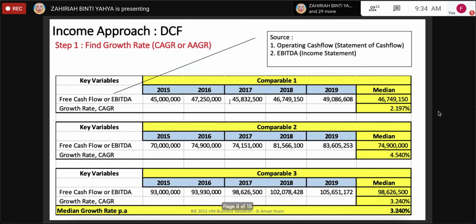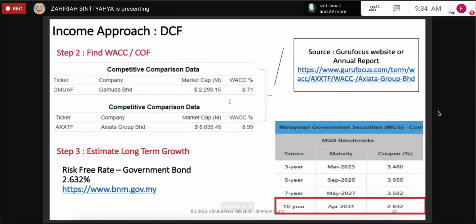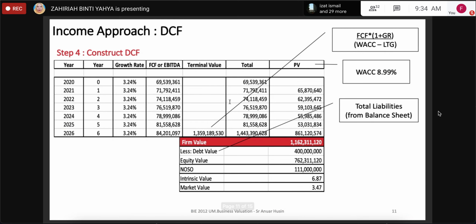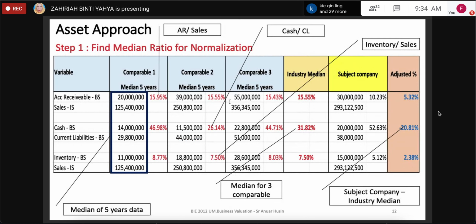So we move to asset approach. In this case, asset approach, you have 3 comparables, the same comparables.